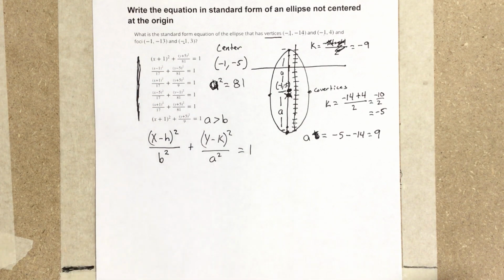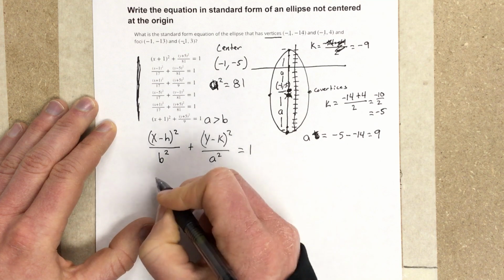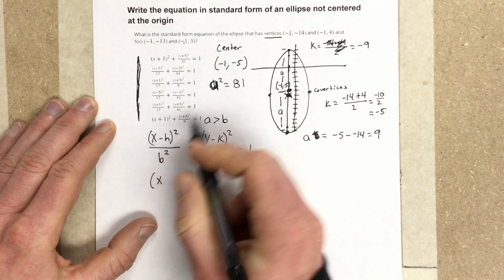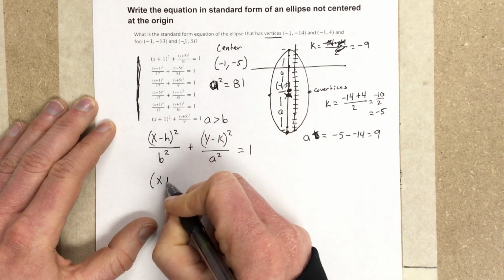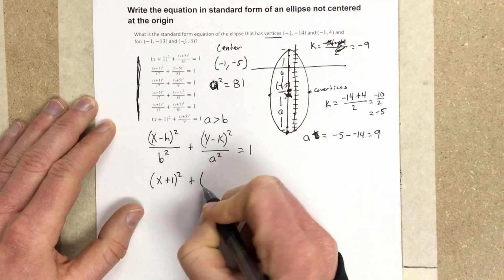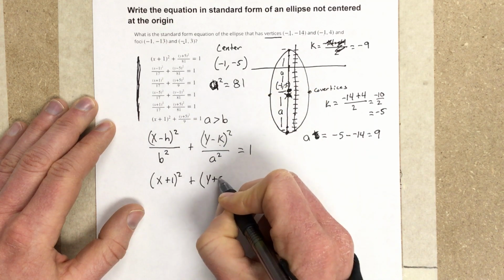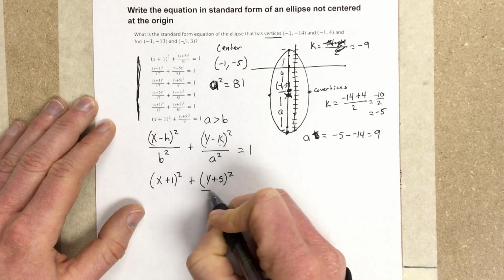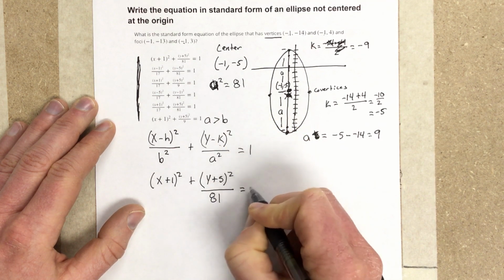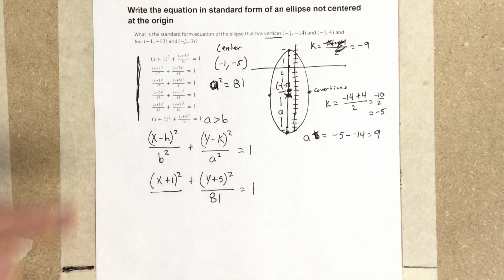I have found a squared to be 81, so h we know is -1, so it's x plus 1 squared, plus k is equal to -5, so y plus 5 squared, over a squared, which is 81, is equal to 1. And the only thing I'm looking for is this b squared value.